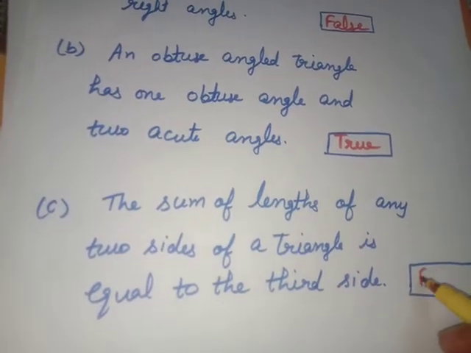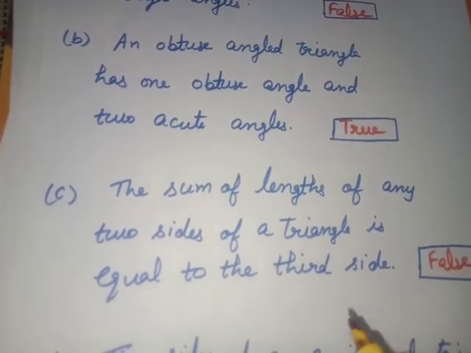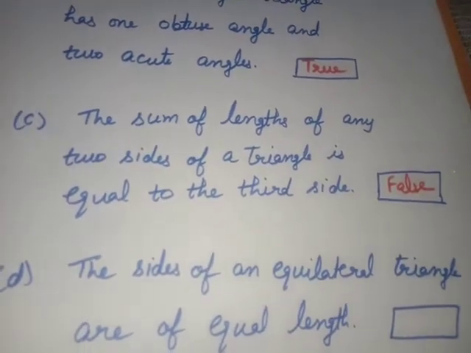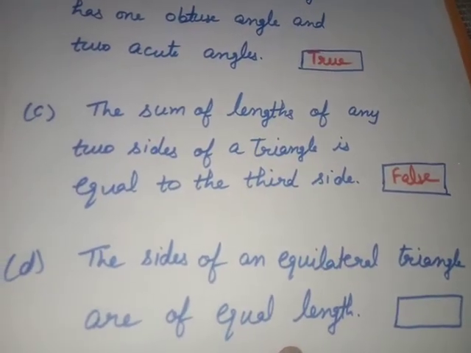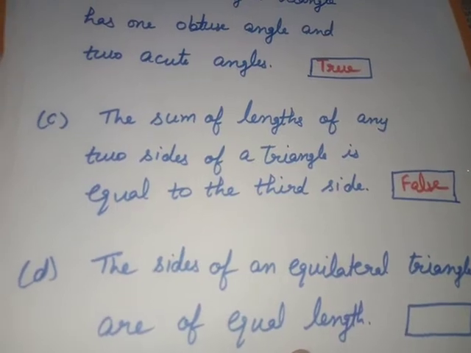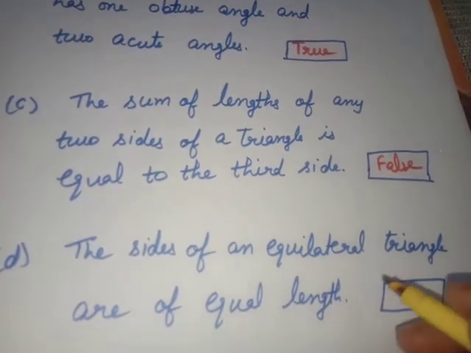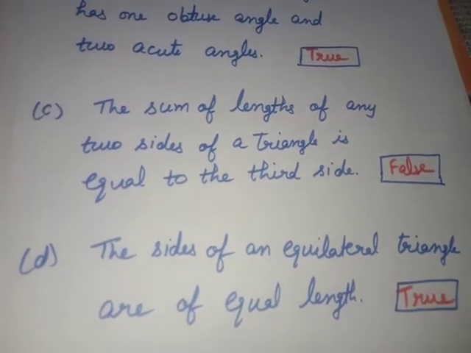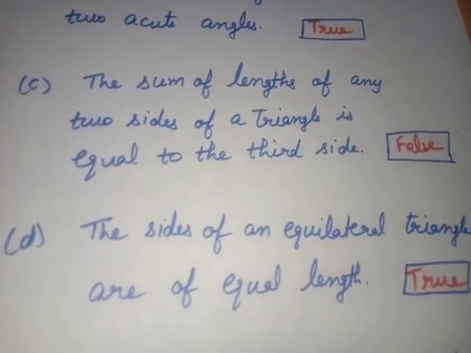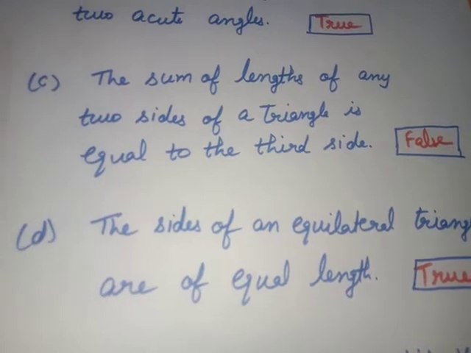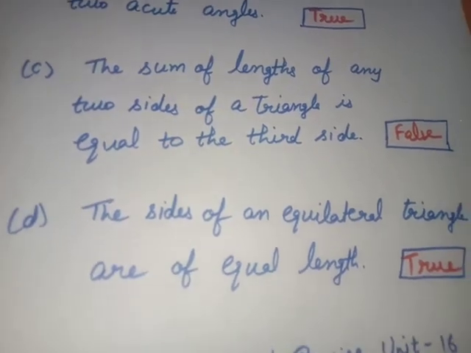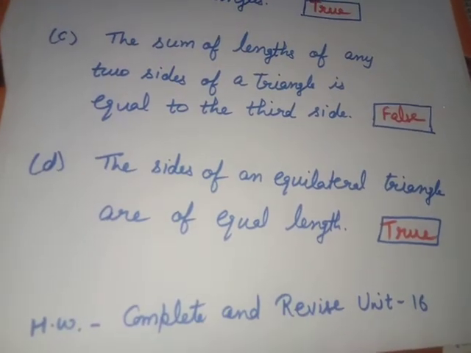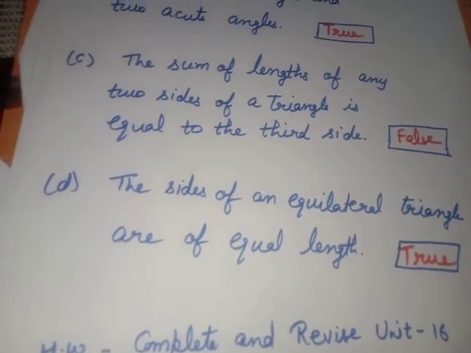So this is false. Come to next. The sides of an equilateral triangle are of equal length. Isn't it? Yes. The sides of an equilateral triangle are of equal length. True. With this, the brain teasers of Unit 16 are completed. Your homework is to complete and revise Unit 16.